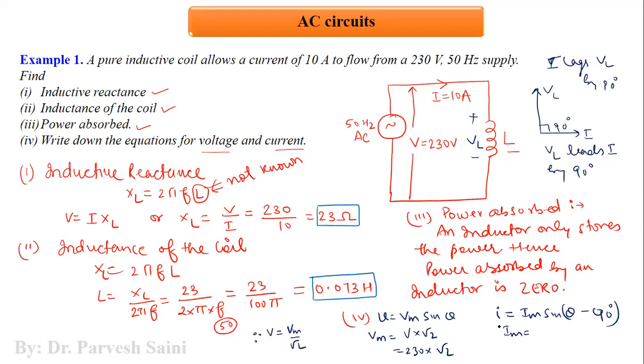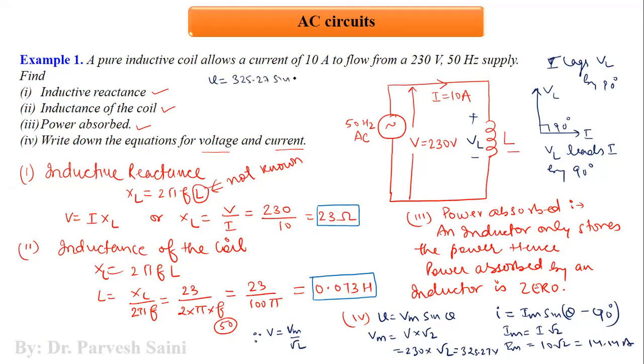Similarly, Im is equal to I into root 2, so this would be 10 root 2, which is 14.14 ampere. This is the peak value of the current. And 230 into root 2 is almost 325.27 volt.